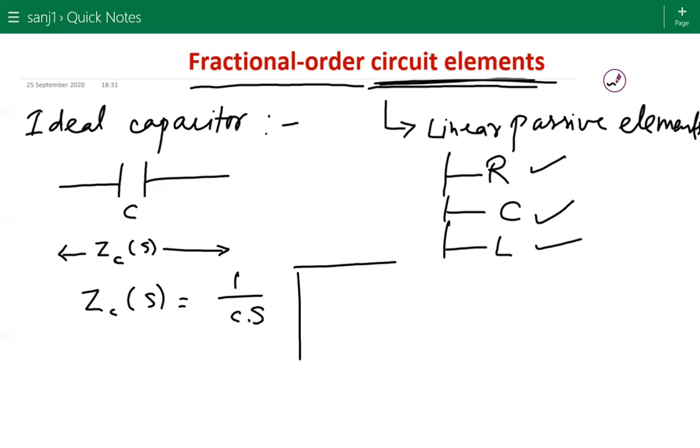Now, in case of an inductor, the impedance function of an ideal inductor ZL will be given by Ls. If it is a resistor, then ZR will be given by R. There will be no component of s.